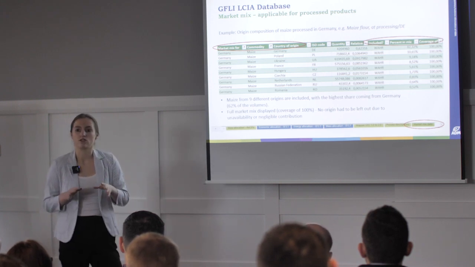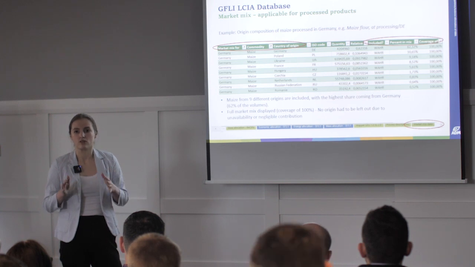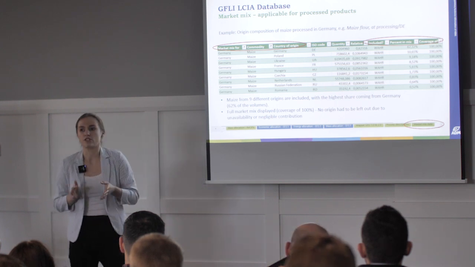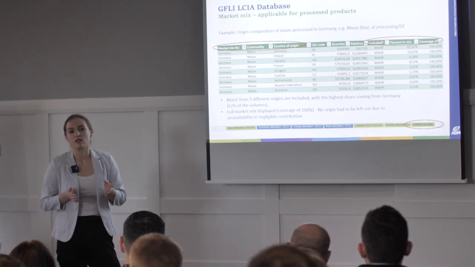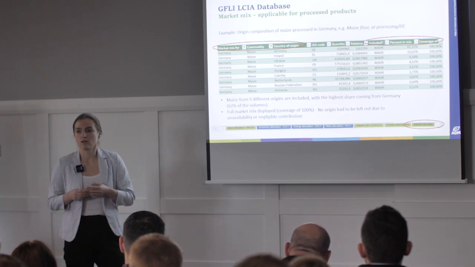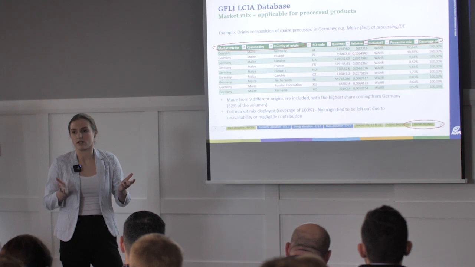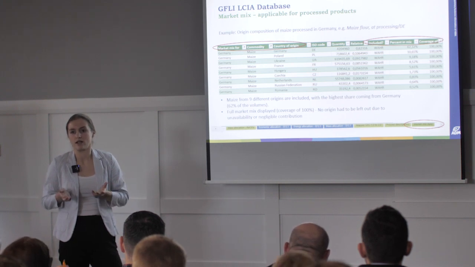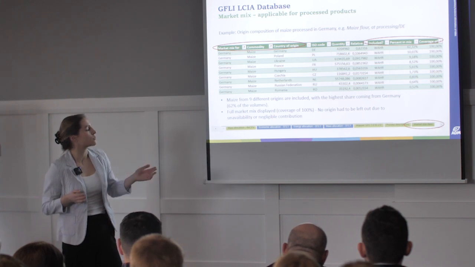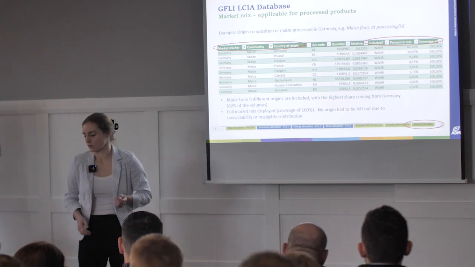All of the countries that, according to the trade data, are the most important, they are all in there. But sometimes the coverage can be less than 100% because you have maybe 1 or 2 origins for which the GFLI doesn't have a data set, so that has to be left out. And then, of course, the contribution percentages are rescaled to 100.